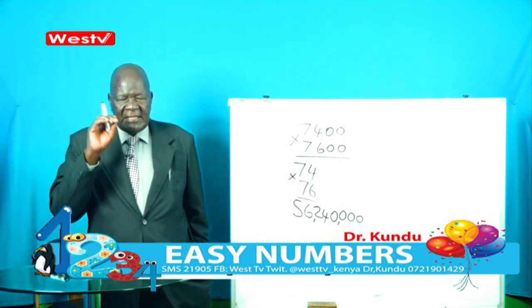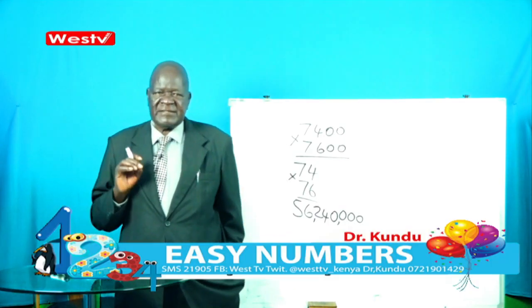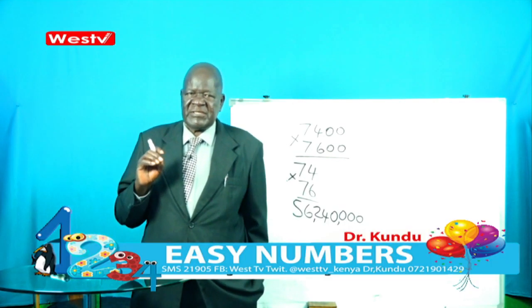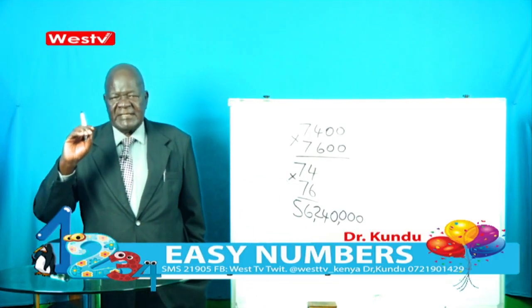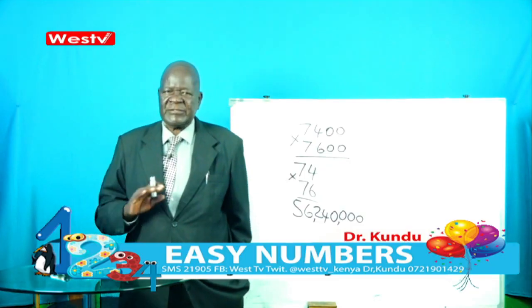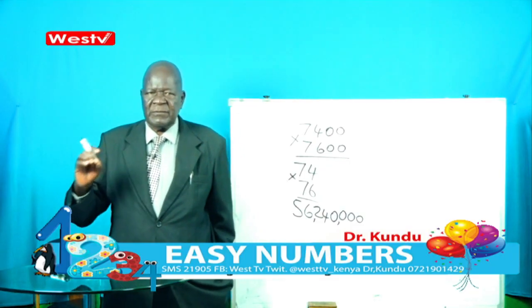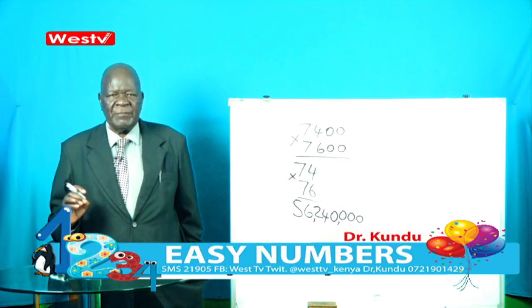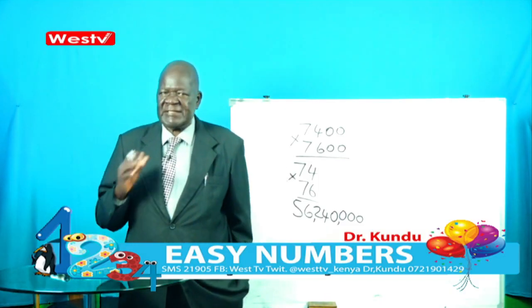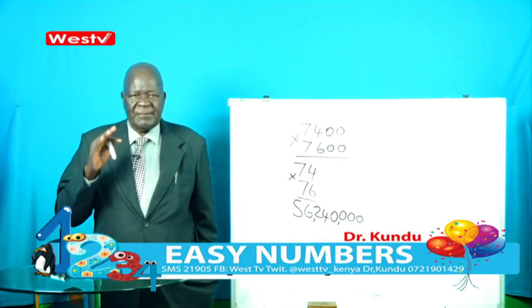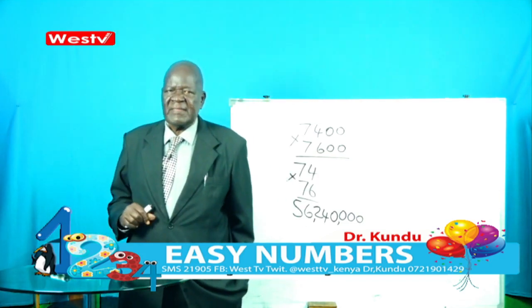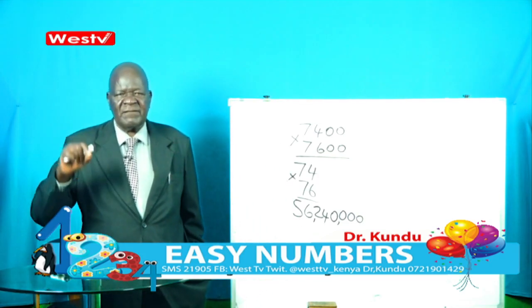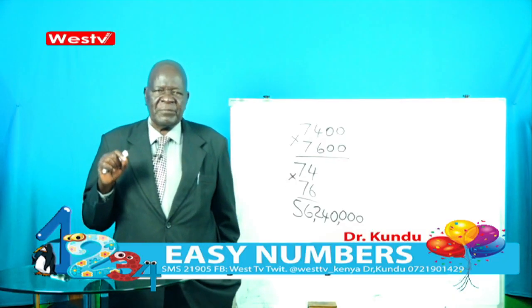Because even God himself says, my people perish for lack of knowledge. You see, our textbooks in this country are so good. They have so good mathematics in it to make every child pass any exam, except that there is a missing link in those books. They do not have that section of computation.